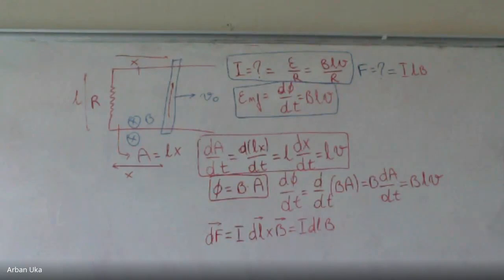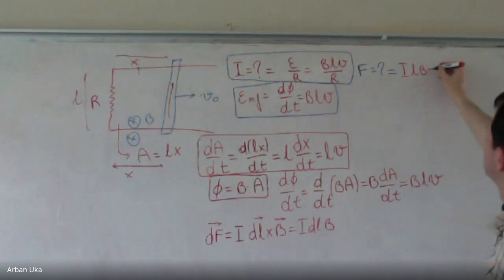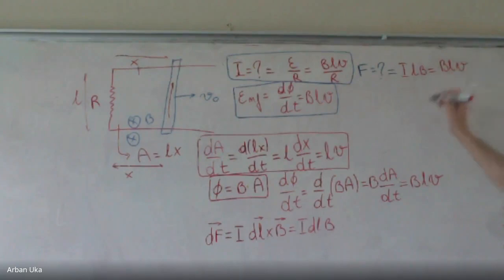So the force is ILB, and we can substitute what I was: BL times velocity over R. So this was the current, times BL again.